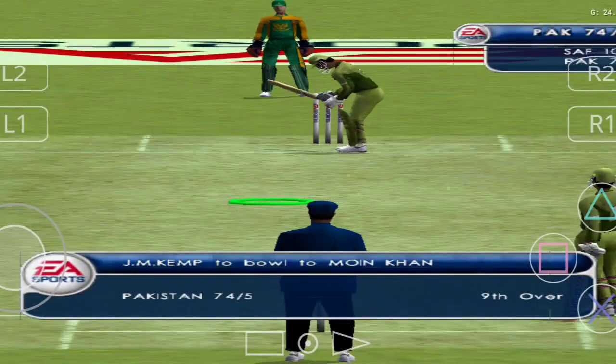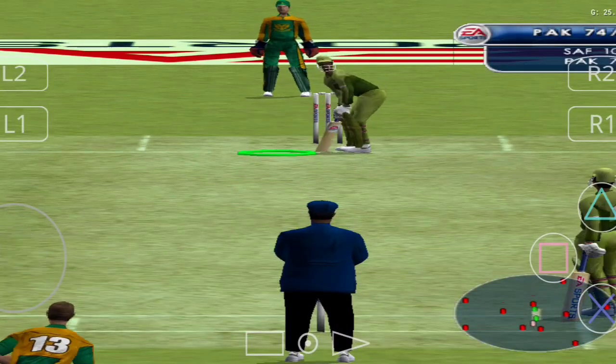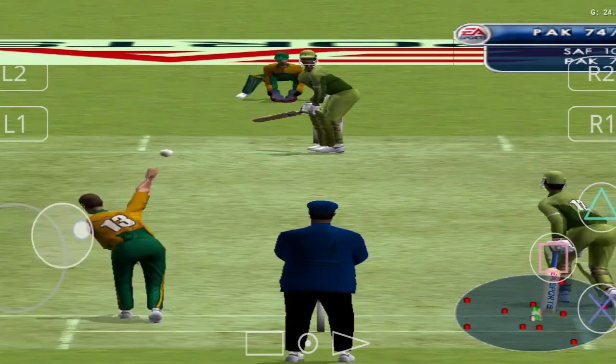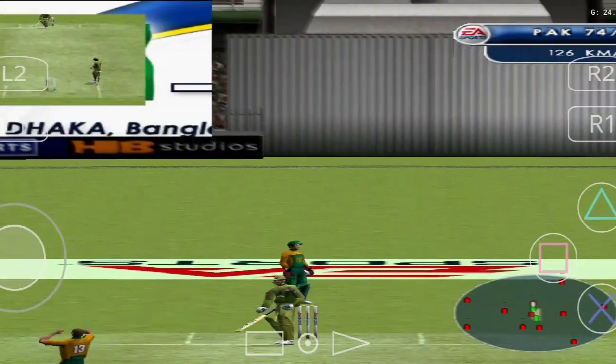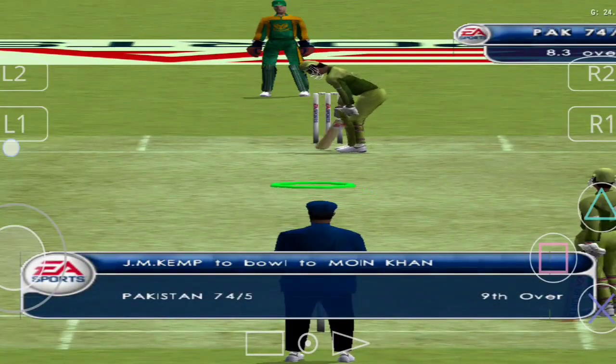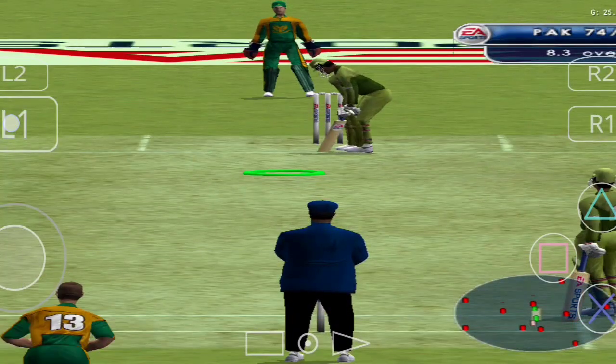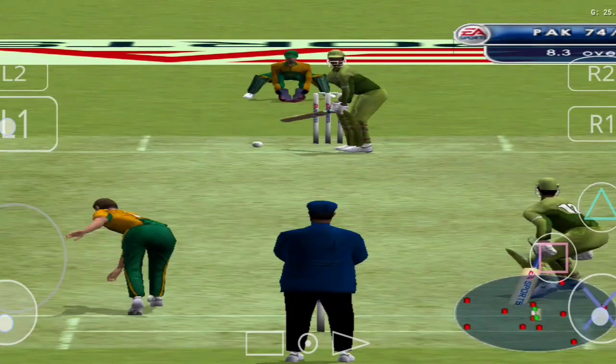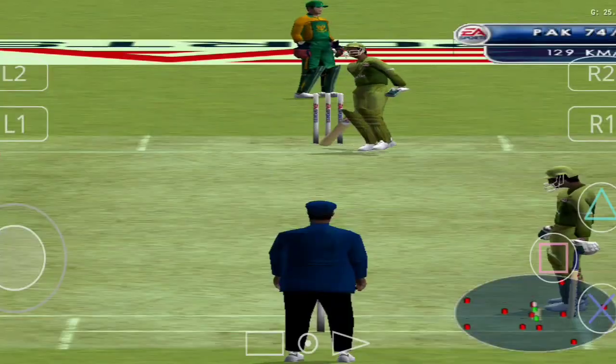Mohan Khan waiting at the striker's end. That's good bowling.